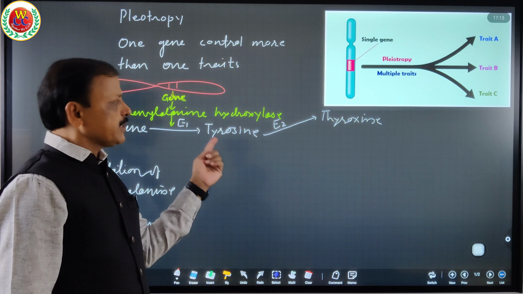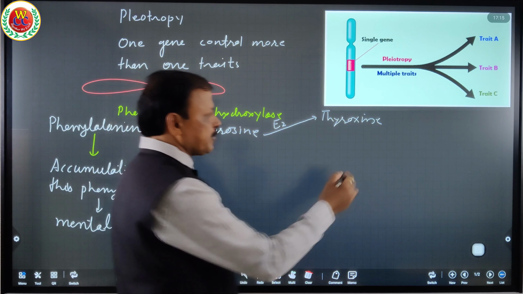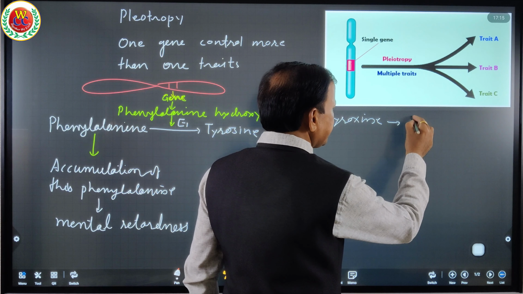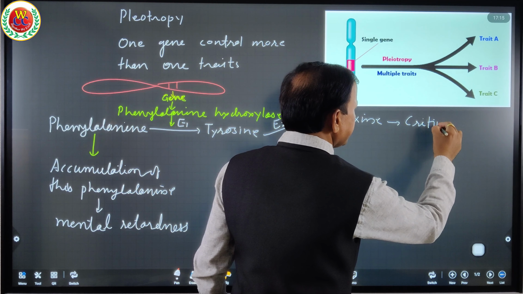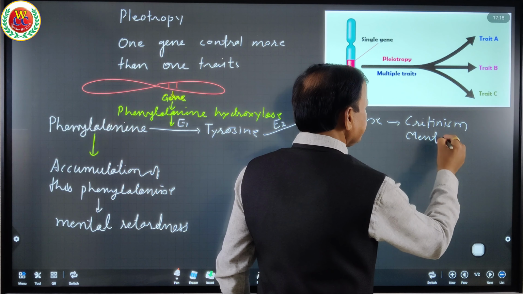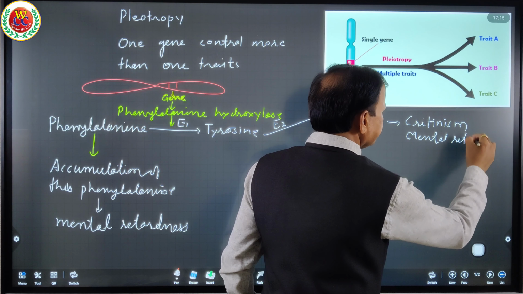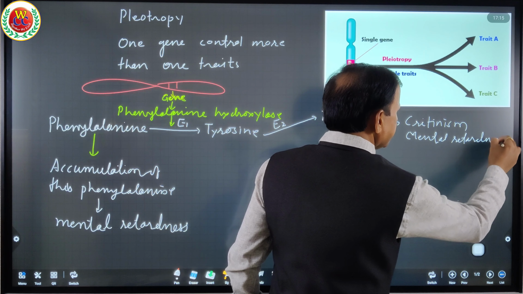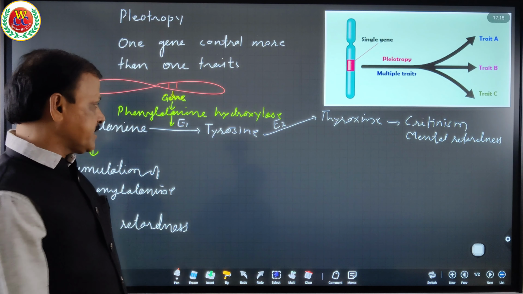If E1 is absent, tyrosine is not produced, thereby thyroxine is not produced, and thereby the deformity cretinism, that is called mental retardation, appears. This is another phenotypic expression.